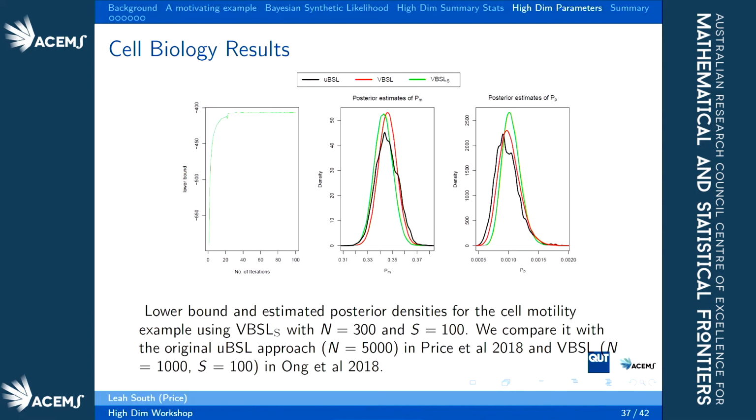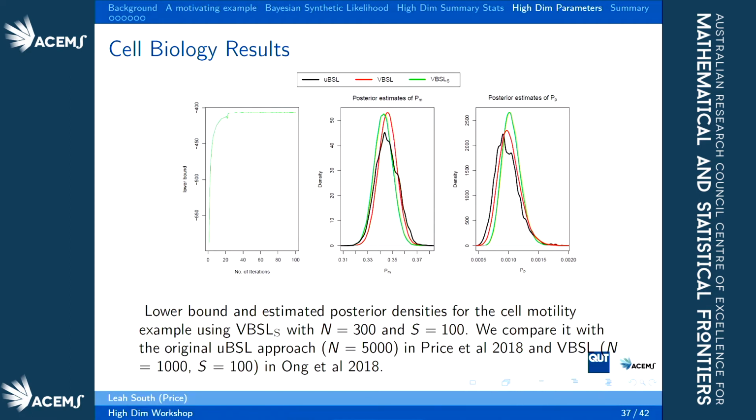So here are some results. On the left, we've got the lower bound, that L term that I mentioned earlier, and you can see that we're converging in roughly about 40 iterations or a bit less. Also, sorry, I forgot to say earlier: black is essentially BSL. Red is VBSL, so BSL with variational Bayes.